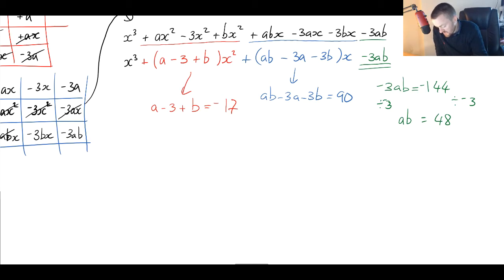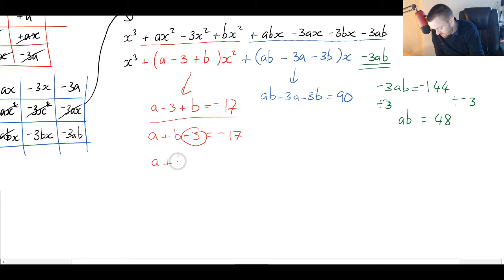The other one that's slightly easier to work with here is this one here. This is the same as a plus b minus 3 equals negative 17. So if I added 3 to both sides, I'm going to get negative 14.